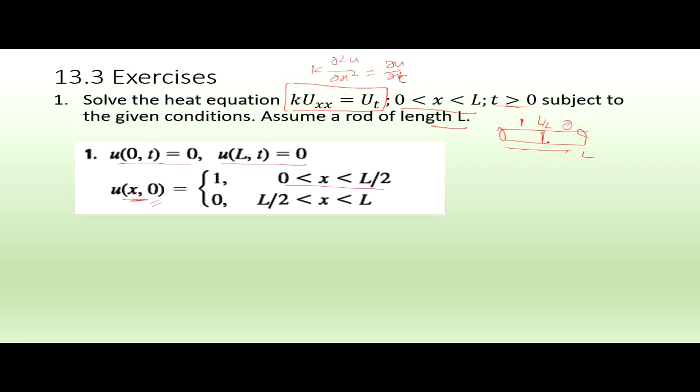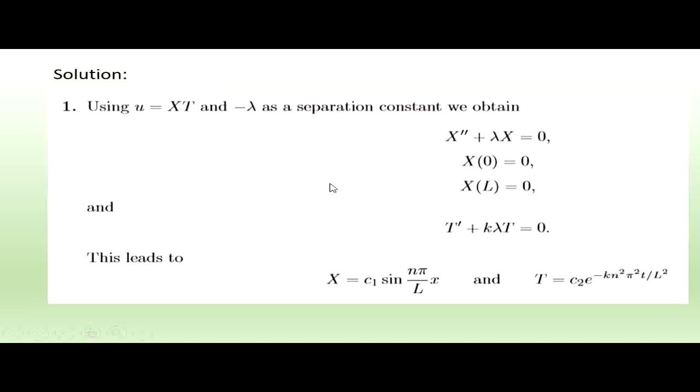Then in the second part it is 0. So we have to remember this interval 0 to L over 2, the temperature is 1, and then for the rest of the part it will be 0 for the initial temperature. Fine. And let's start solving this problem on a different page.